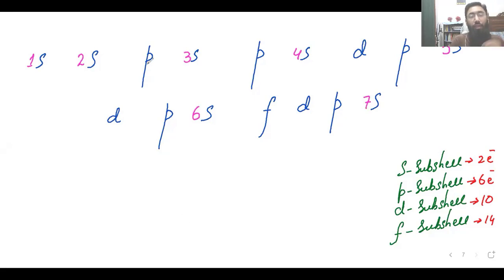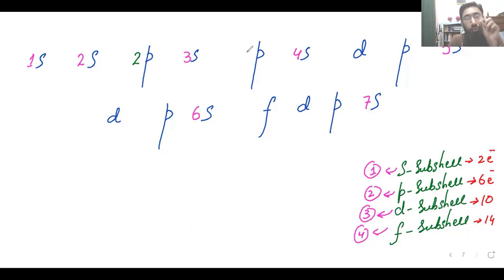Then this is P. Remember, guys, when we put the shell number for the P subshell, always start from 2. S subshell starts from 1, P subshell always starts from 2, D subshell always starts from 3, F subshell always starts from 4. If you write this way, then you can maintain the sequence.